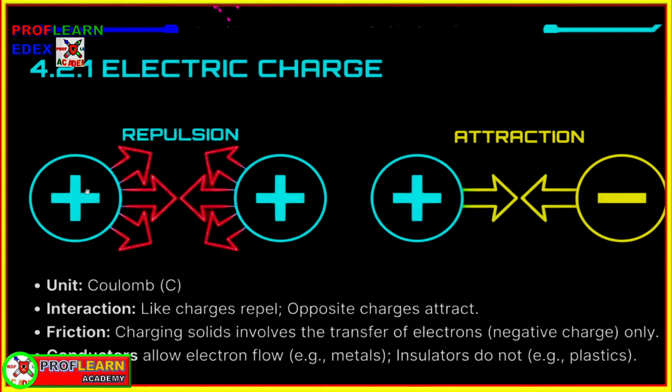For instance, when you have a positive and a positive charge, you are going to expect repulsion to take place because these two charges are like charges. And when we have a positive and a negative charge, we expect attraction. Anytime you see two charges attracting, it means they are unlike charges. One is positive and the other is negative.